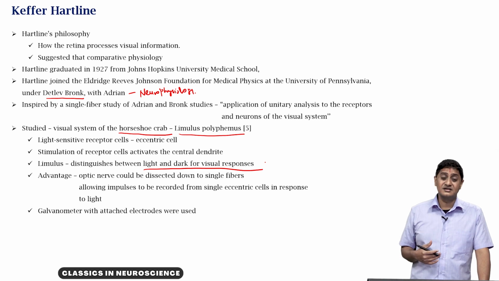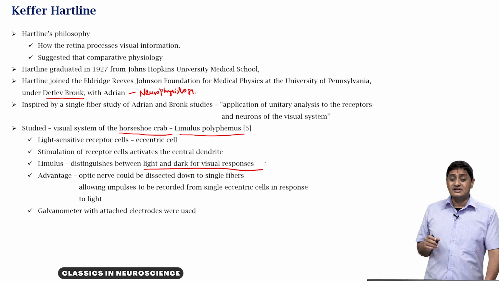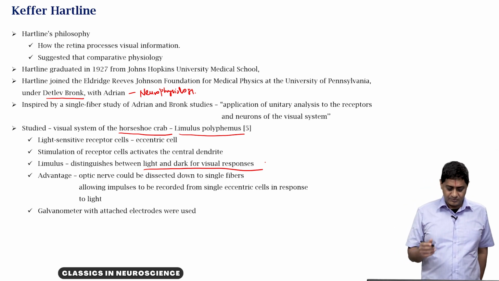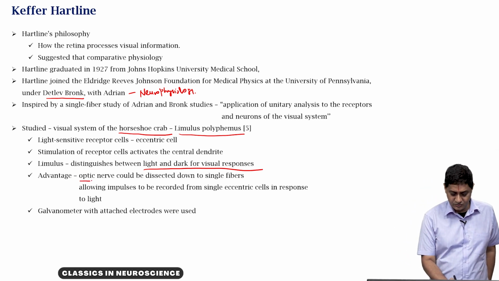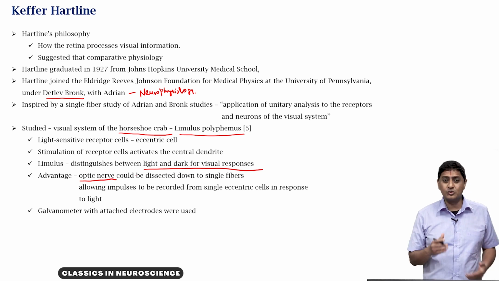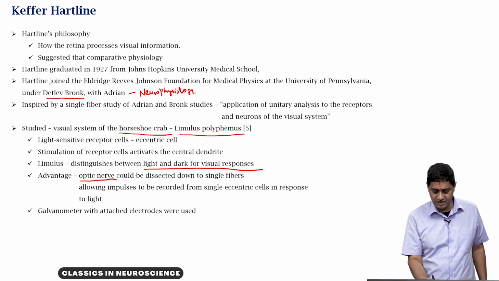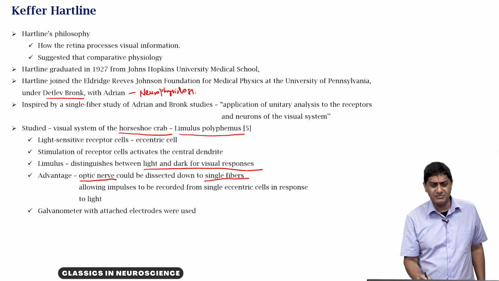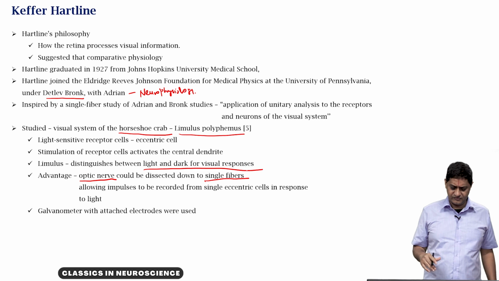It turns out that there are quite a few advantages, because this model system provided the opportunity to study the optic nerve that could be dissected down to single fibers. So, I could record from single fibers using simple methods like a string galvanometer, for example.